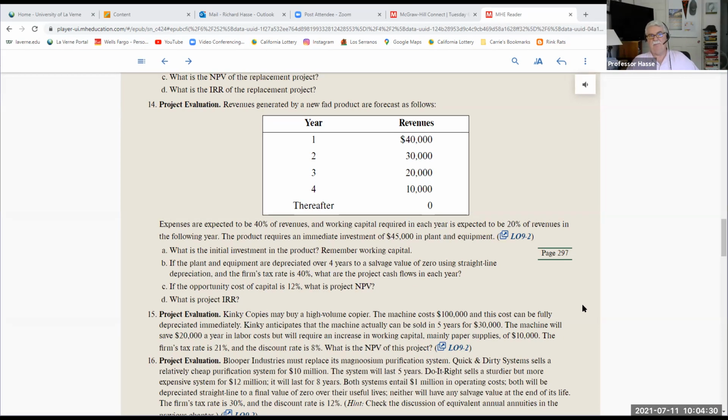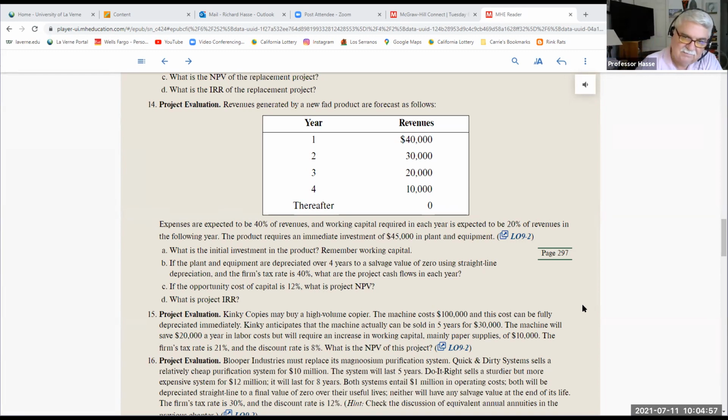And we're going to look at a problem in Chapter 9, problem 9-14 on pages 296 and 297. This is a great problem as a template to determine this. Let's take a look at it in the textbook. Revenues generated by a new product are forecasted to be as follows. The company is going to have a product with a 4-year life.